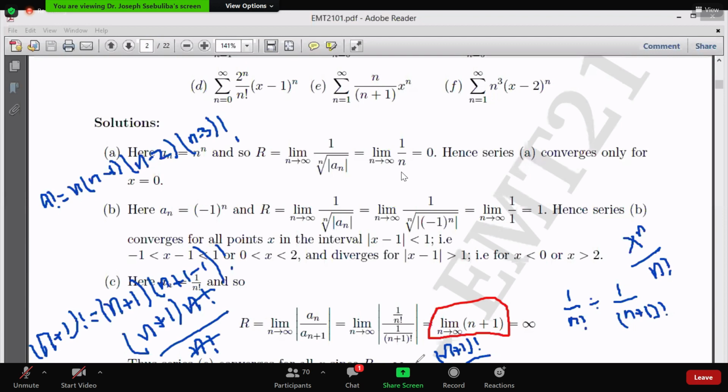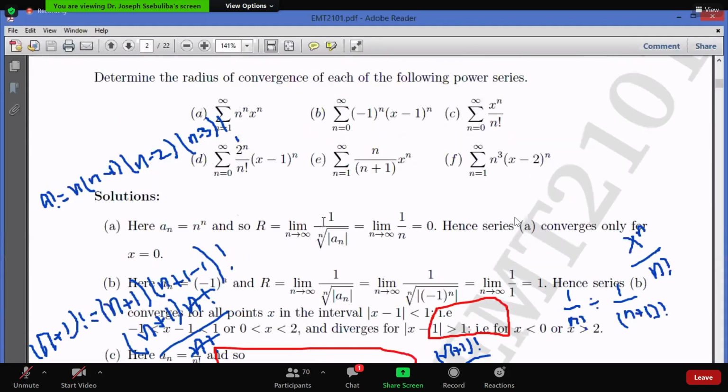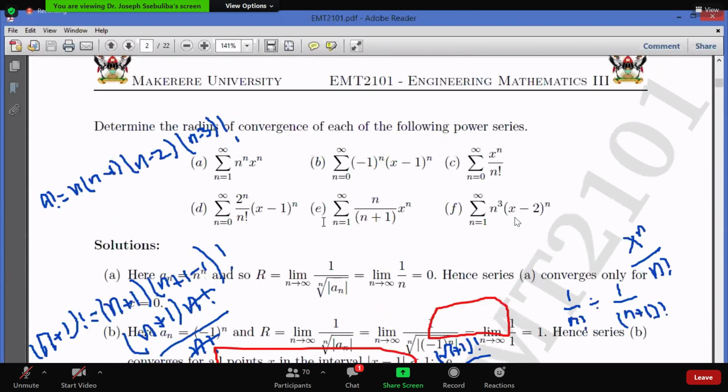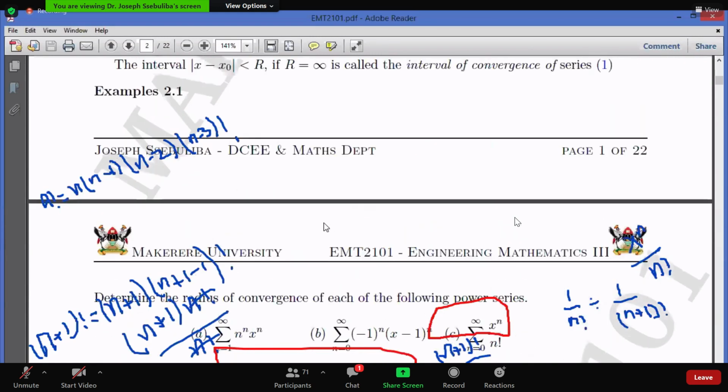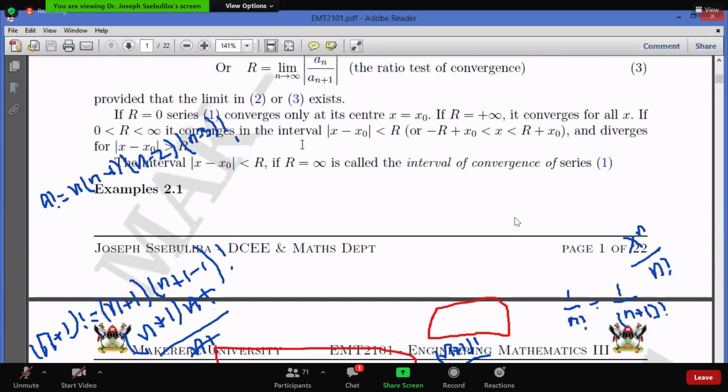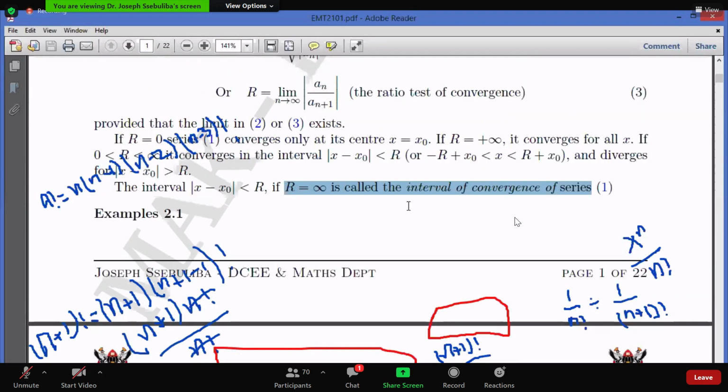Remember this conclusion, we have already discussed it. We mentioned earlier, up here. Yeah, we said that, you see that? We said that if R is infinity, this is called the interval of convergence of the series. Why? Because we said if it is infinity, actually it will converge for all x.